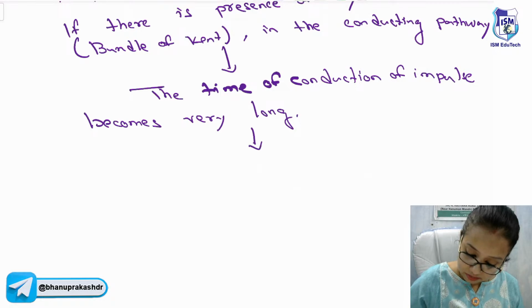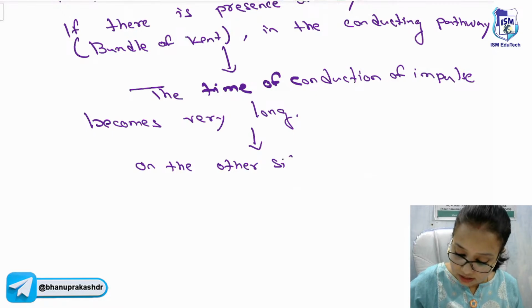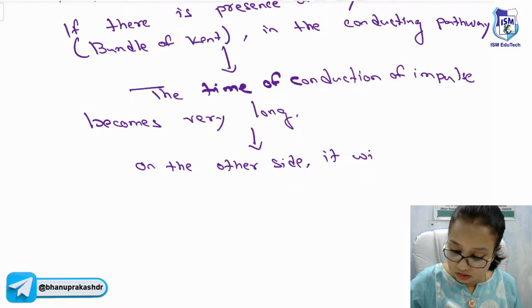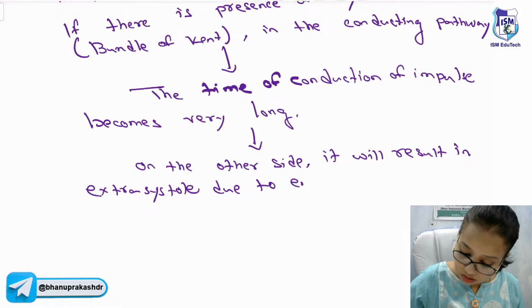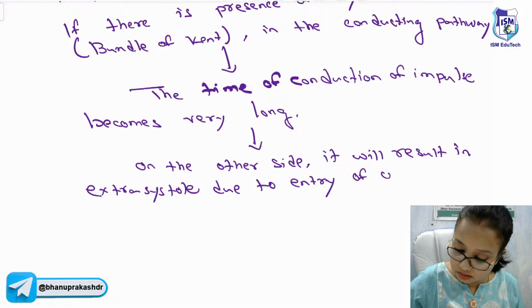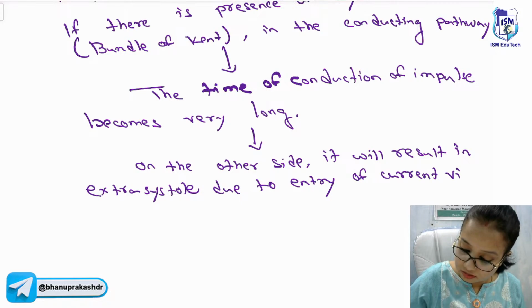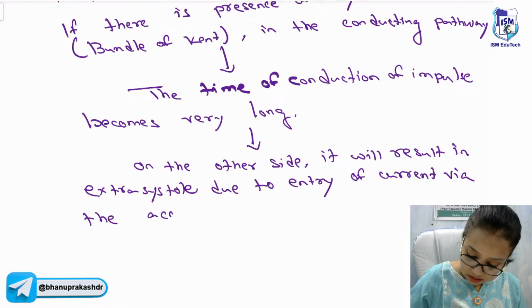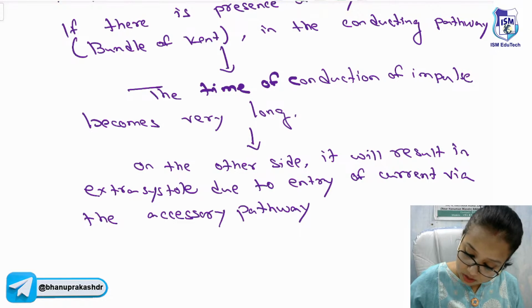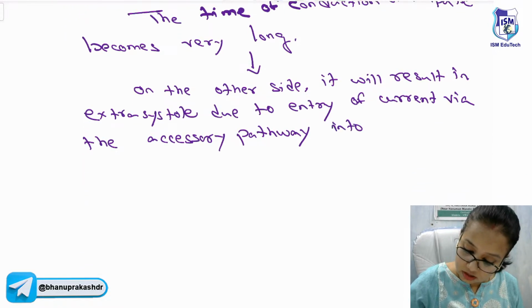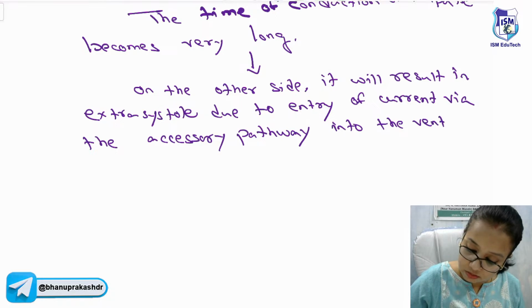Okay, but on the other side, it will result in extra systole due to entry of current via the accessory pathway into the ventricle.